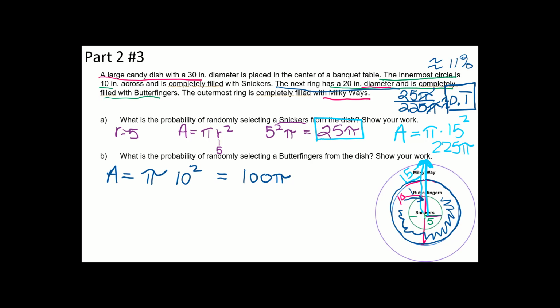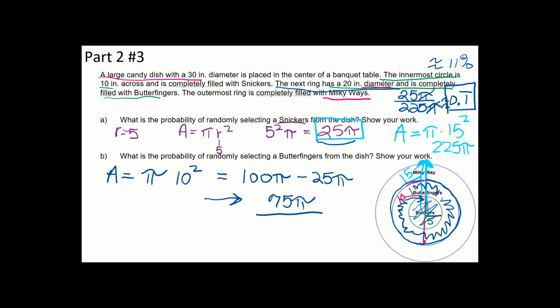But we've got to subtract this that has the Snickers in it, which we've already found that area up here. 100 minus 25 is 75. Okay, that gives us this ring right here with the Butterfingers in it.